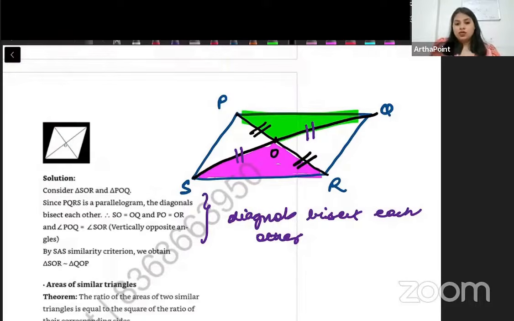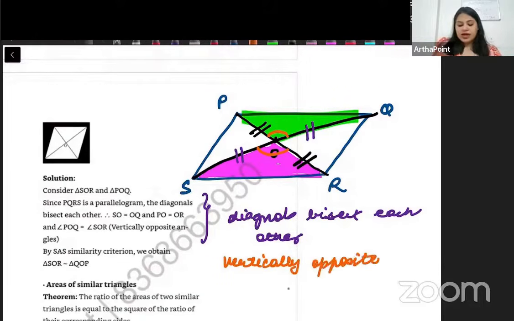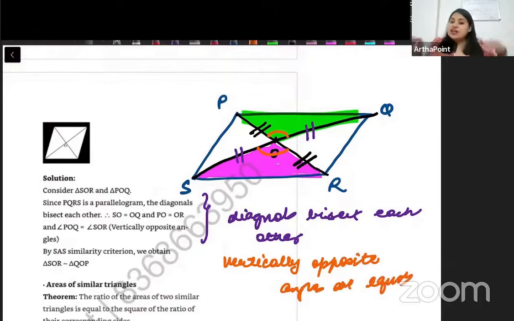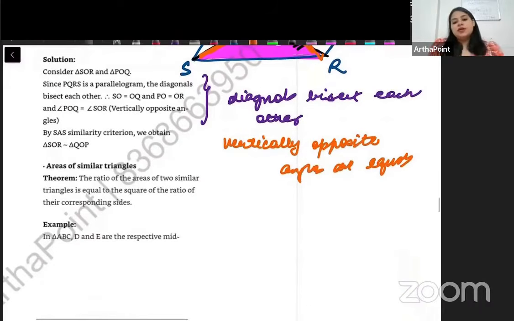And we know that the vertically opposite angles are also equal. So POQ should be equal to SOR. Please write down. Vertically opposite angles are equal. So diagonals bisect each other. Vertically opposite angles are equal to each other. So by SAS criteria, side, angle, side criteria, the two triangles will be similar.